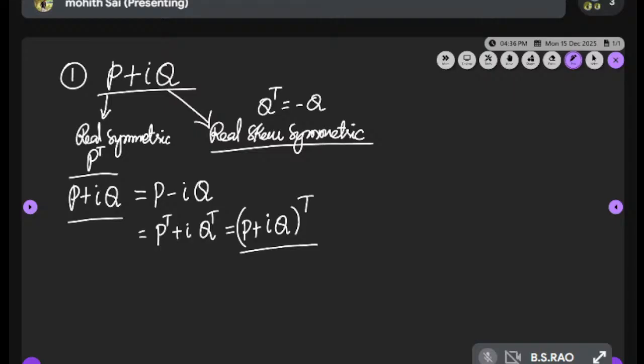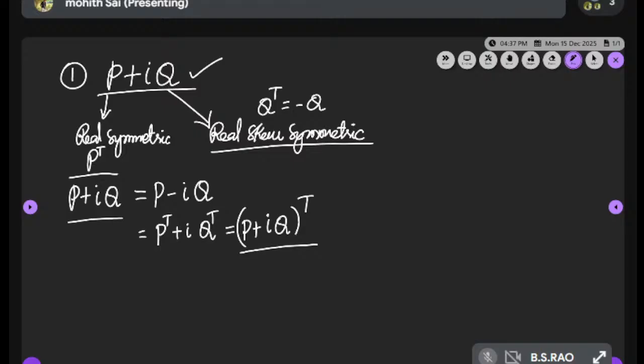A bar equals A transpose, what is it? Hermitian. If P, Q are real symmetric and real skew symmetric, P plus IQ will be a Hermitian matrix.